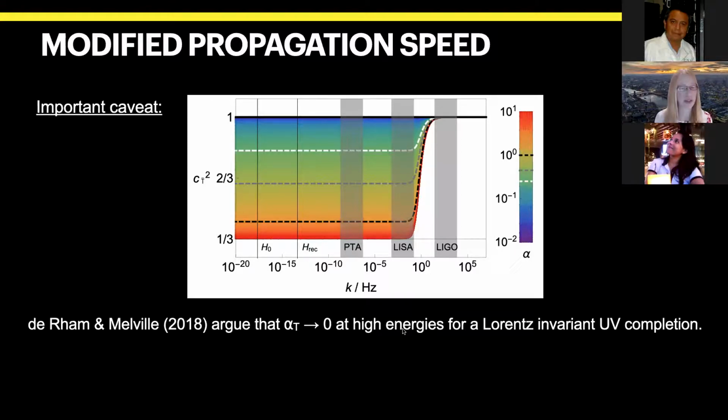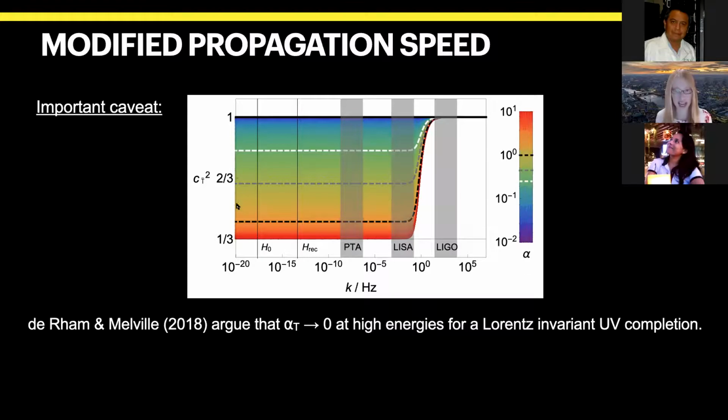And they argued that that is necessary for a modified theory of gravity to have a Lorentz invariant UV completion. Okay, and when we say UV completion, we're talking about really, you know, if we wanted this to be a candidate low energy theory of a quantum gravity theory, right? We don't know what the quantum gravity theory is, but there are arguments that it has to maintain Lorentz invariance. And so at some point, our low energy effective theory must transition back to that property.